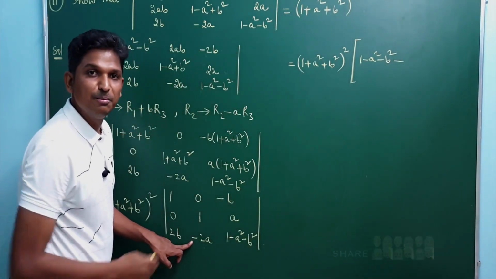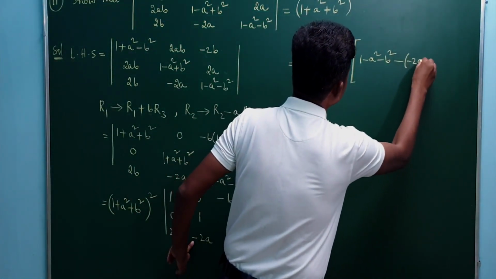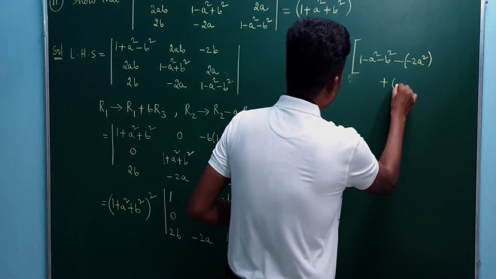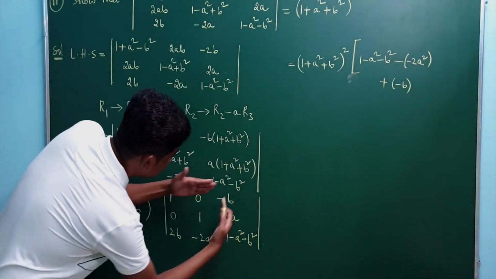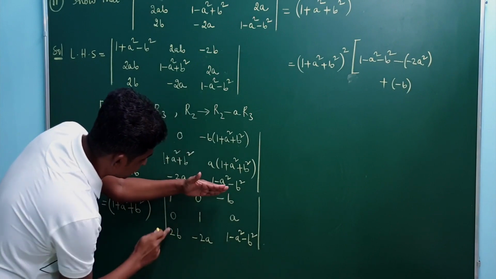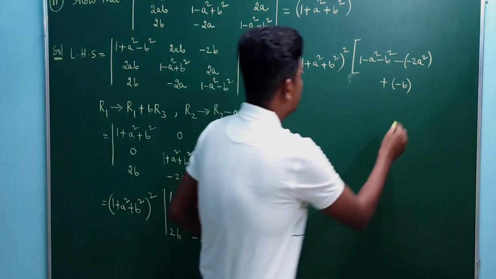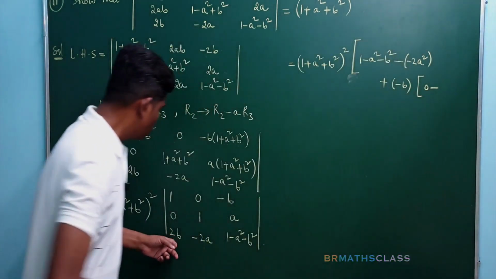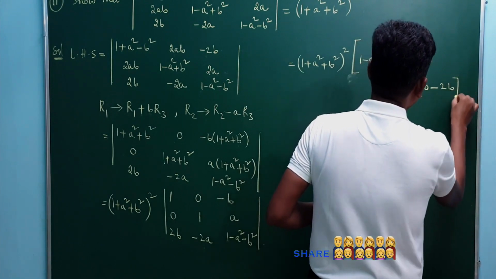2a into a. Minus 2a into a is minus 2a square. Minus 2a square plus minus b into, now determinant of this part. See, delete this row and this column, determinant of this part. 0 into minus 2a is 0. 0 minus, you see here 2b into 1. 2b into 1 is 2b. Okay, right.